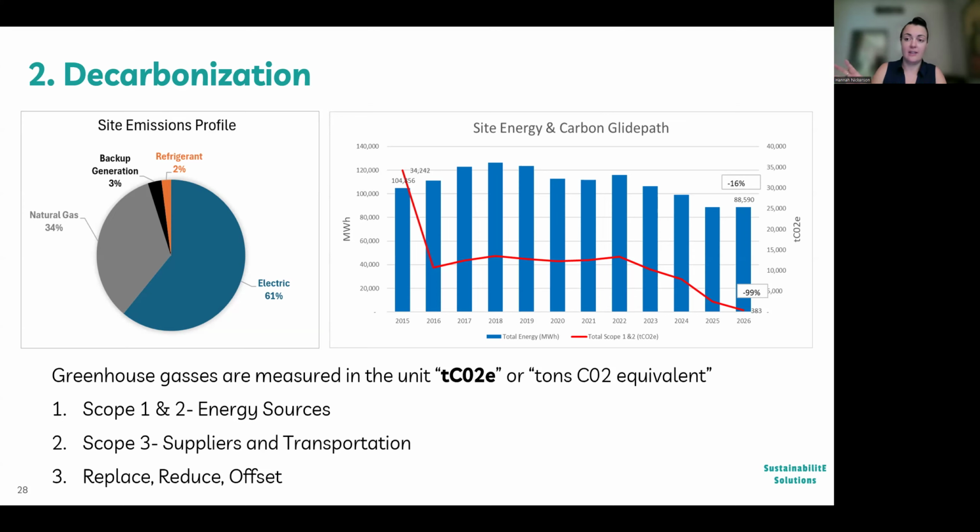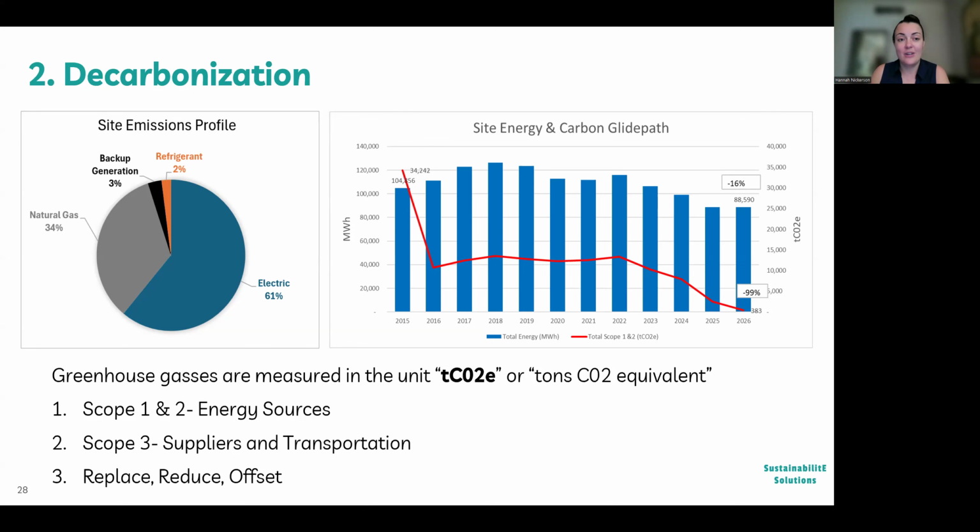It's molecularly the same, but it's considered carbon neutral over its life cycle. And I'll talk about that in another webinar, but that's what's getting this site to the 99% reduction. And then the leftovers were backup generation and refrigerant, which still are very difficult to decarbonize areas. So that's a breakdown of a greenhouse gas footprint of a site.